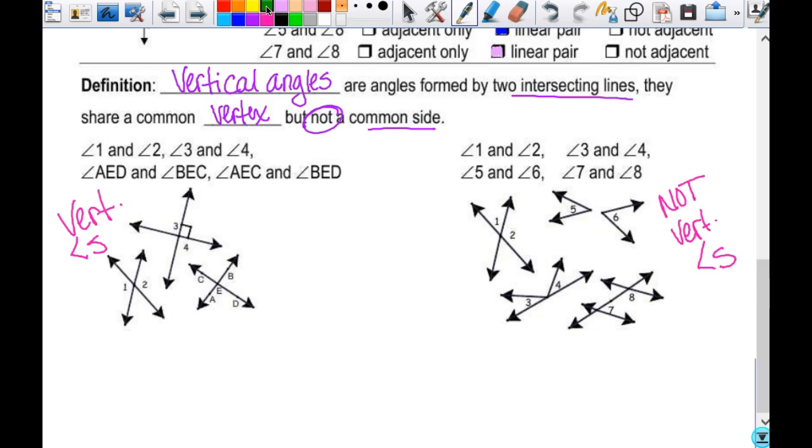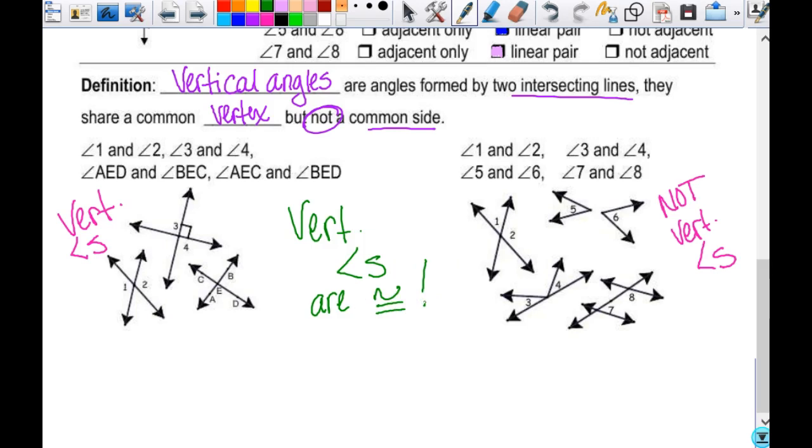What do you think is true about the relationship between these two angles here? They're the same. So we say that angles that have the same measure are what? Congruent. Good. So what is true about vertical angles always is that vertical angles are congruent. Always, always, always.